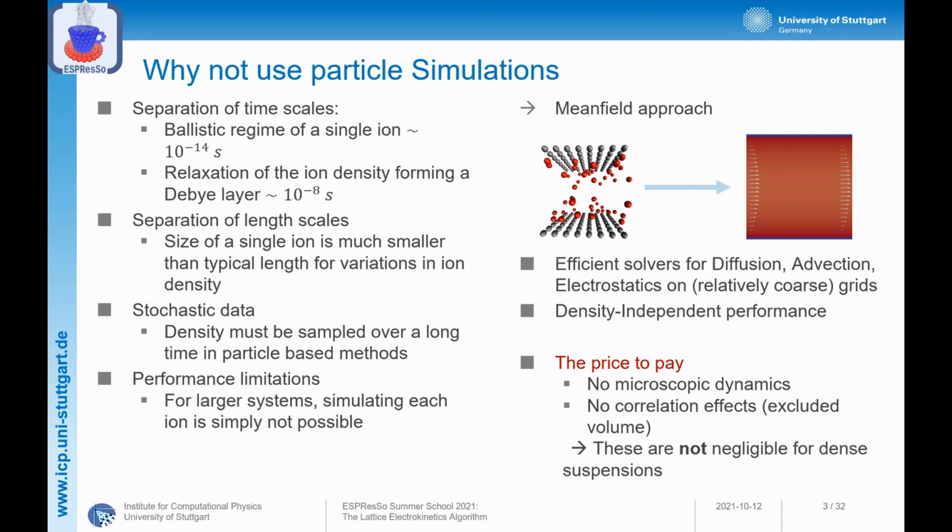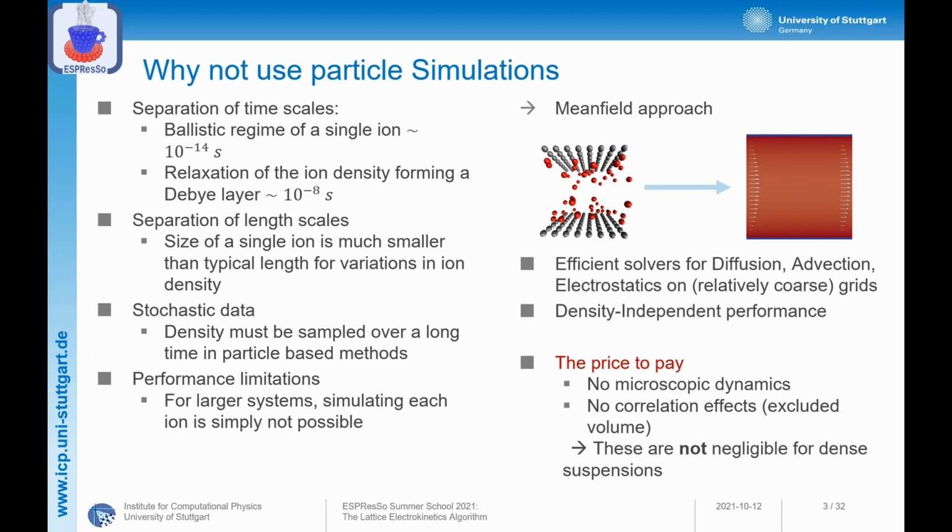But for your large-scale phenomenon, in which you just want to see how, for example, a colloid moves in a fluid, this is not an interesting scale. You're interested in the scale in which the Debye layer around the colloid relaxes and then evolves over time if the colloid moves, for example. So that's a good 6 orders of magnitude slower. And probably you want to get away with a method that just lives on that very much larger time scale.